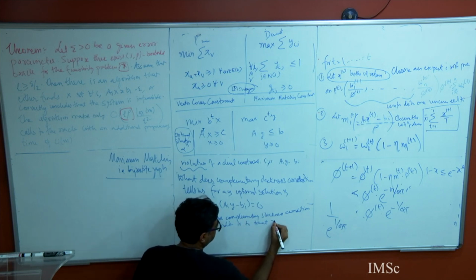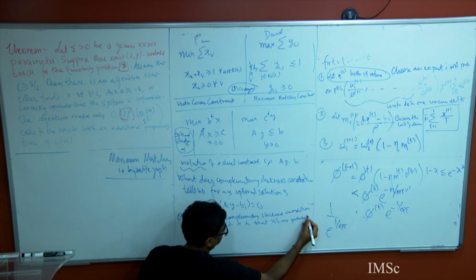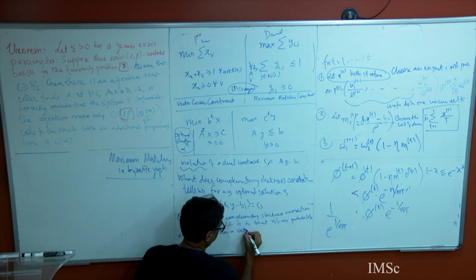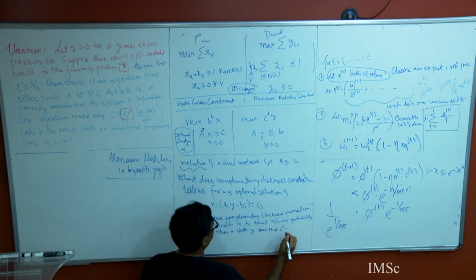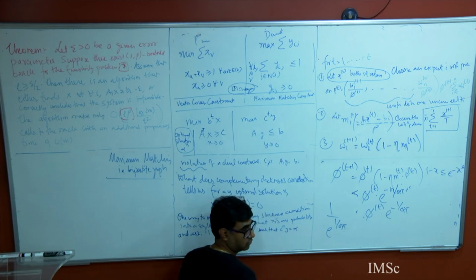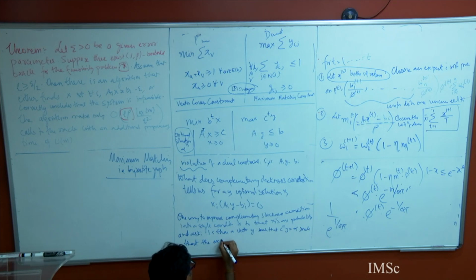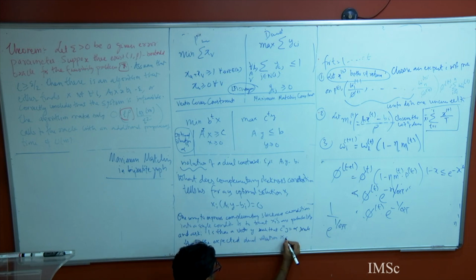to treat each x_i as a probability, and ask: is there a vector y such that C transpose y is equal to alpha, such that the expected dual violation is at most delta?